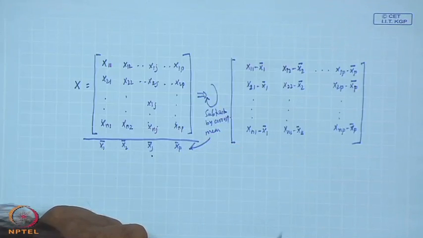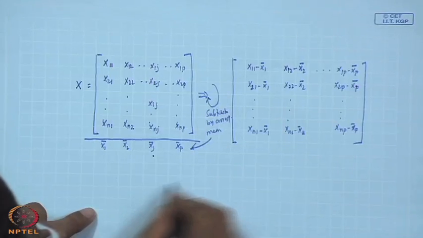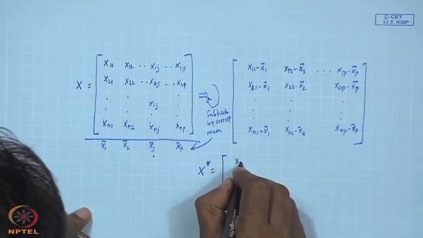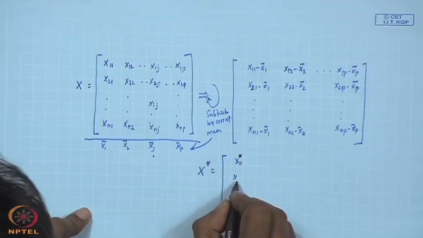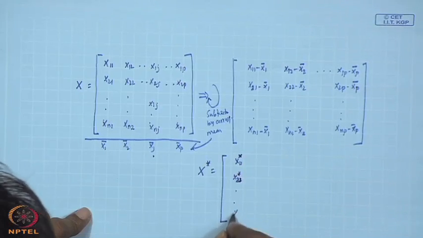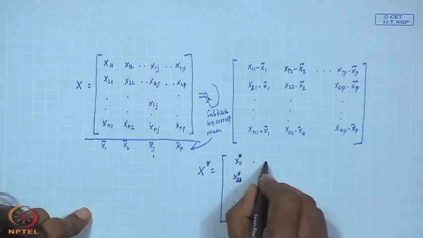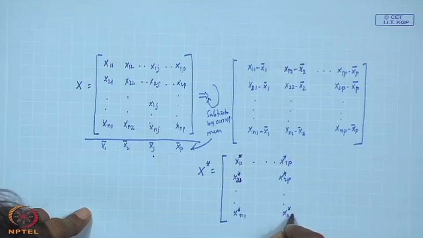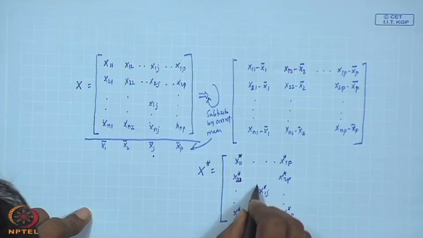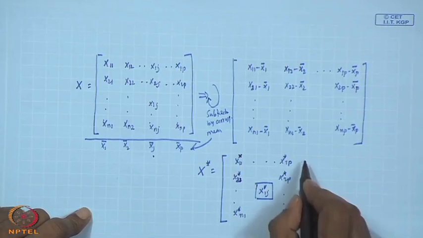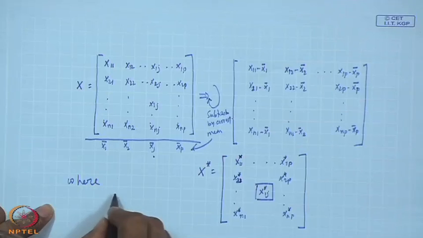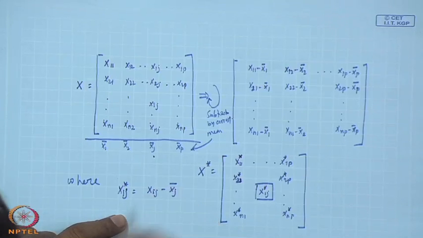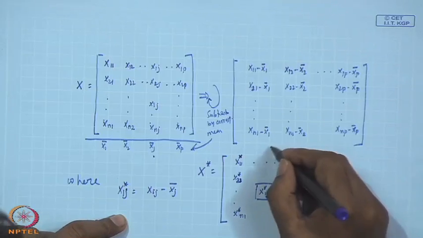Instead of writing this minus this, suppose I write X star like this: x star 11, x star 21, like this x star n1. In the same manner I am writing x star 1p, x star 2p, like this x star np, and somewhere there will be x star ij, the general one, where x star ij is x ij minus x j bar. That means this is the same matrix.